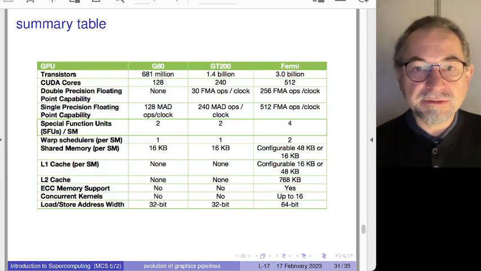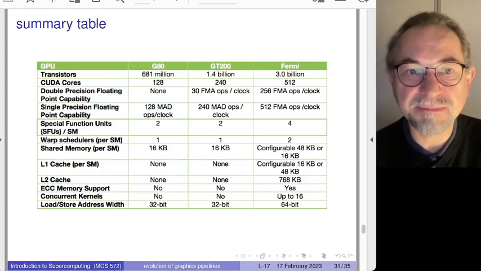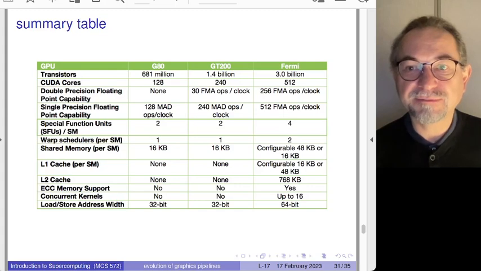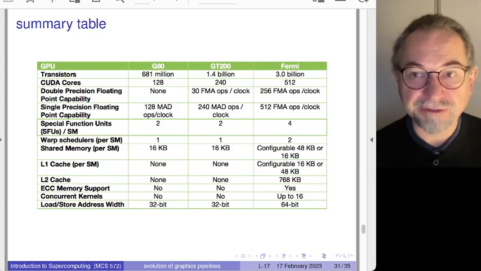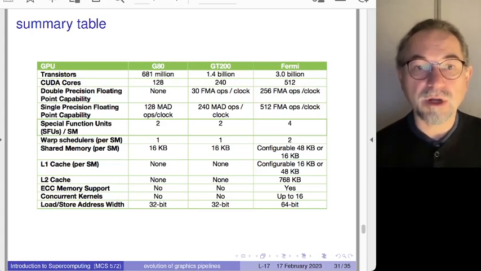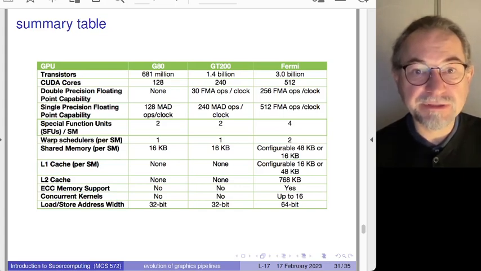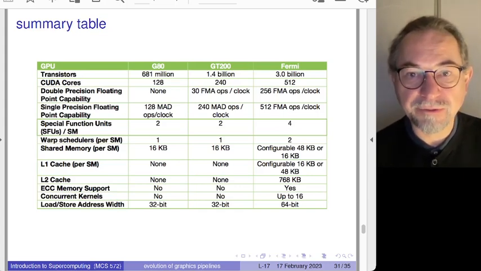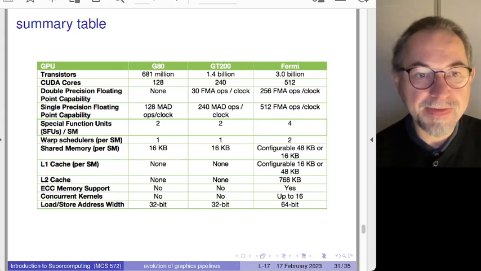All right, so the G80 was mentioned as the intermediate, the first general purpose GPU which could run in graphics mode or as a CUDA device. You can see the number of transistors. The Fermi architecture was towards the end of 2010, while the G80 was in the middle of the first decade of this century.